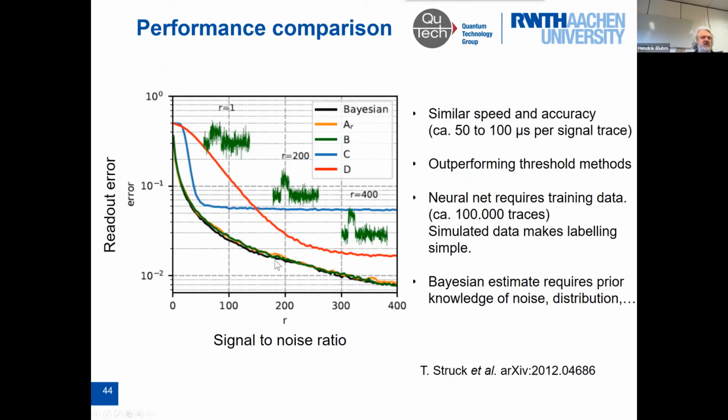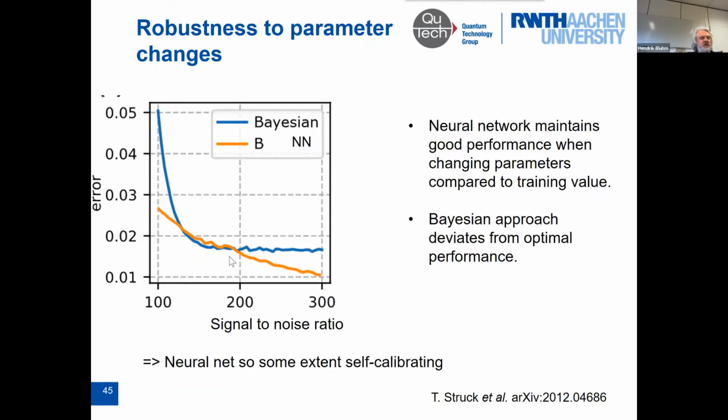But one then sees in the details that the neural network is a little bit more robust towards parameter changes. So for example, if changing the signal to noise ratio, then the neural network can basically retain its performance, whereas the Bayesian approach does not perform very well, or not optimally, for parameters that do not correspond to the characterization or the input values.